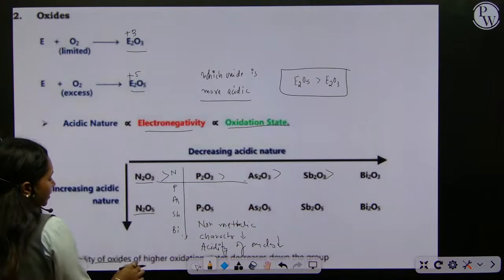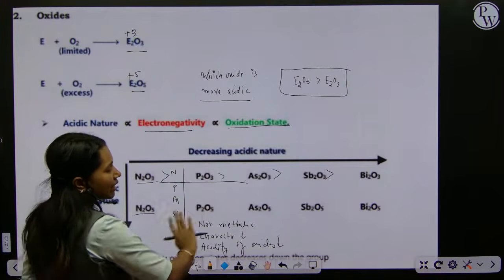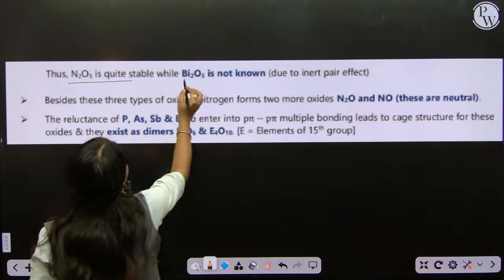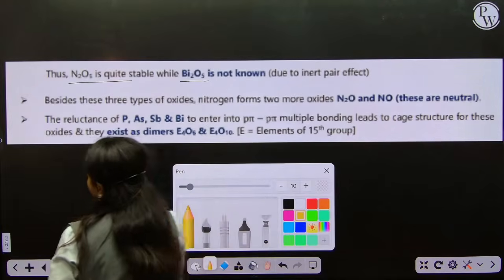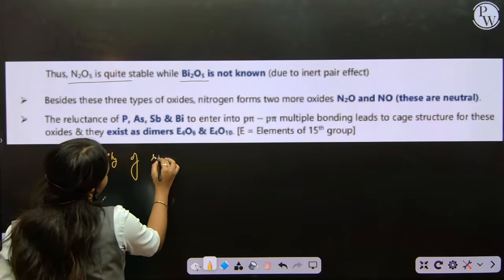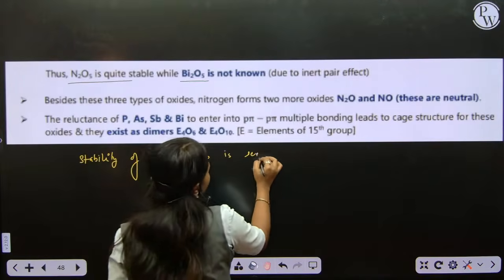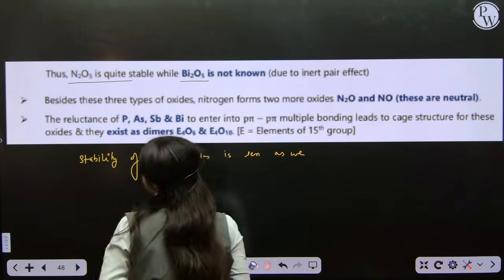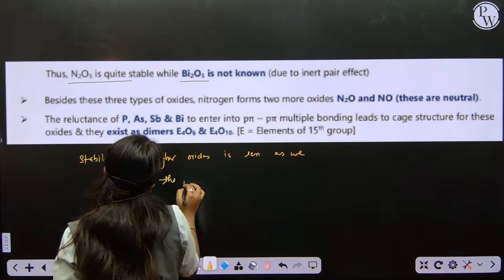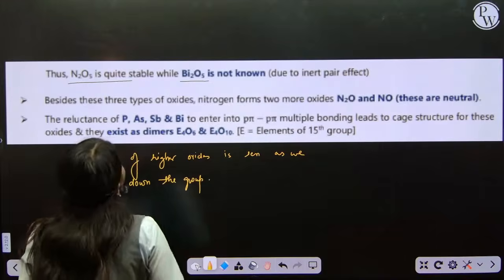Correct. Stability of oxides of higher oxidation number decreases down the group. Down the group, higher oxides do not exist. N2O5 is quite stable, while Bi2O5 is not. So the stability of higher oxides is less as we go down the group, right?